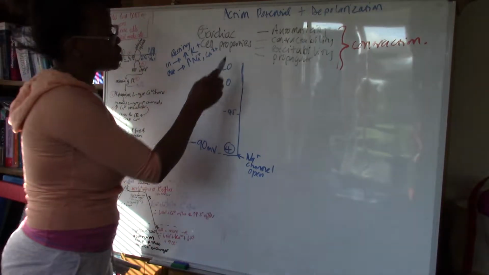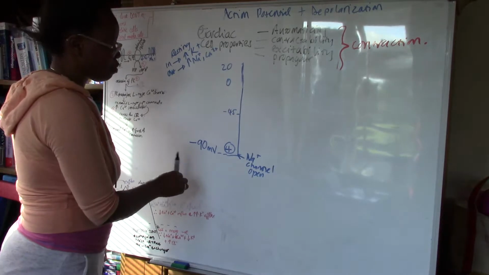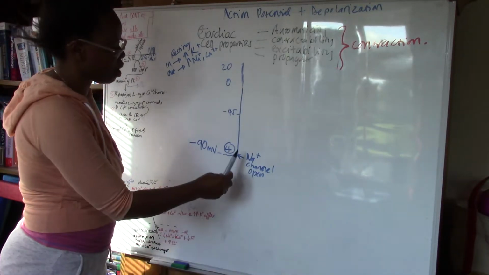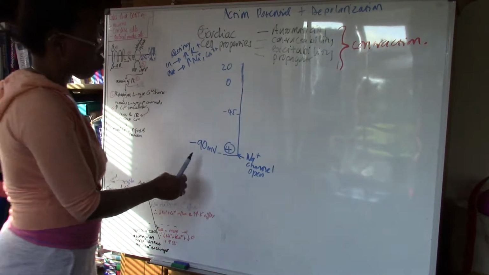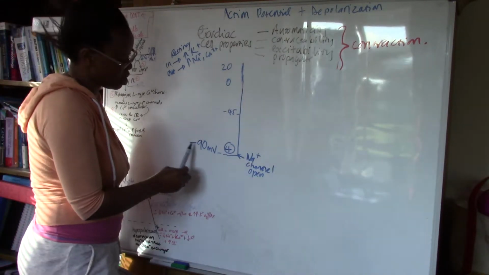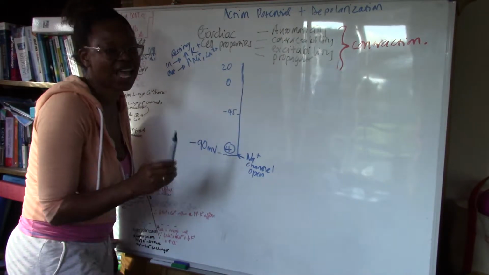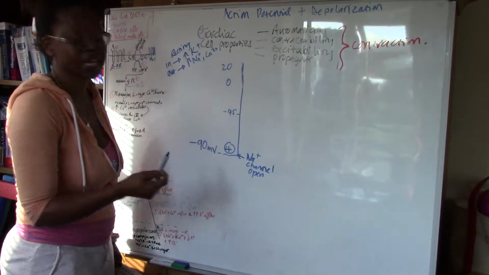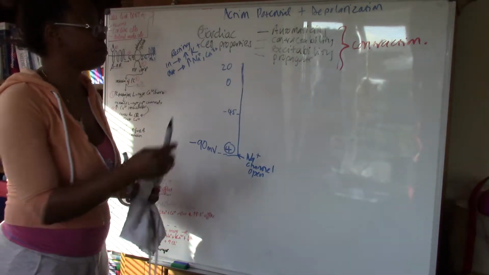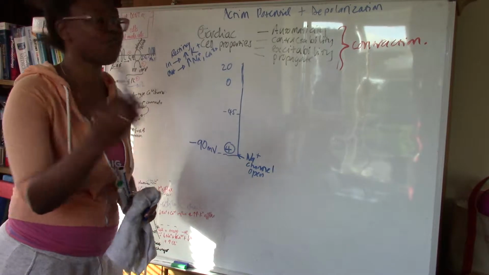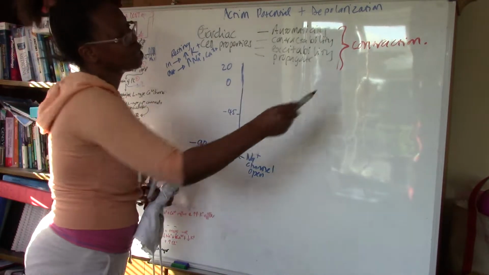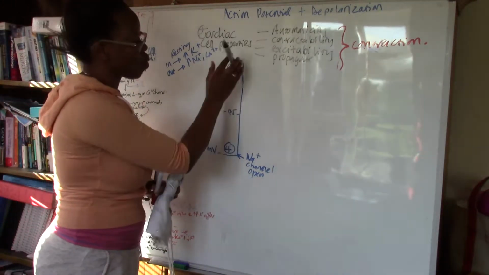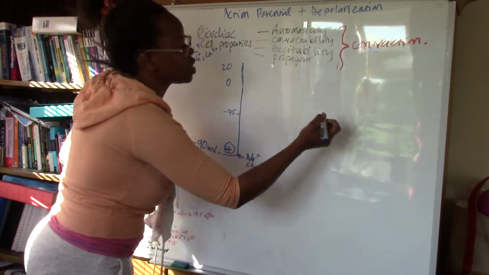And when that sharp depolarization happens, because sodium ions are positive, the cell will move from a negative state towards a more positive state, in order for it to become excitable and start doing what it's supposed to do, contract. So it will move towards a more positive state.